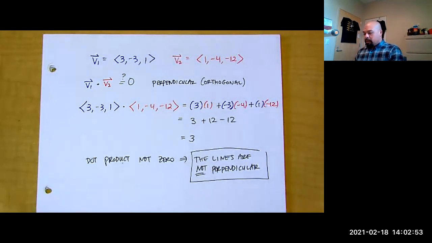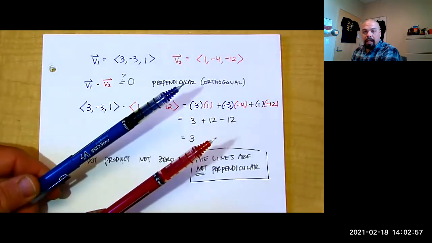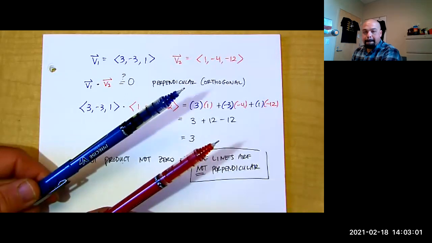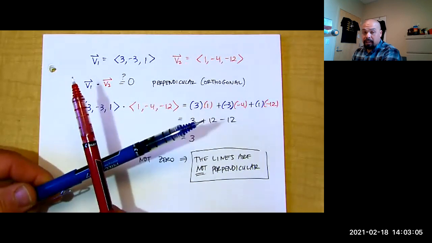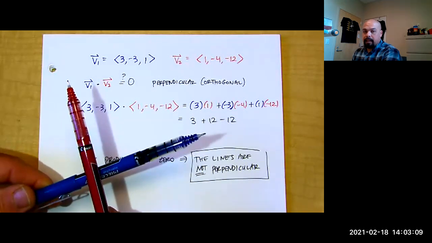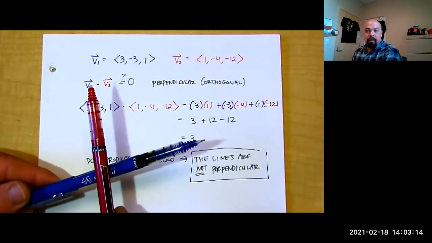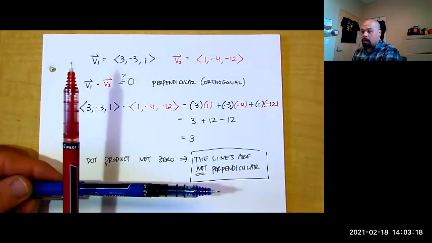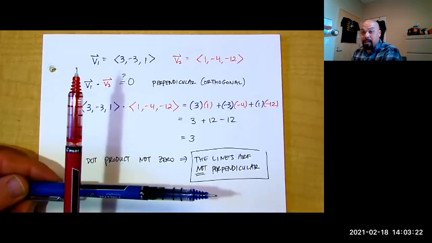Okay, so parallel, we have that idea that they run in the same direction and never intersect, right? Orthogonal, they're going to cross each other at a right angle. They intersect at a right angle, those direction vectors, okay? Or even here, maybe the direction vectors are orthogonal. They're perpendicular. They run at 90 degrees to one another.